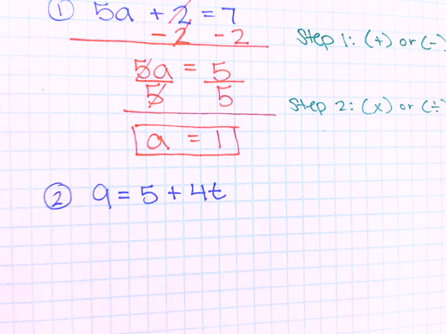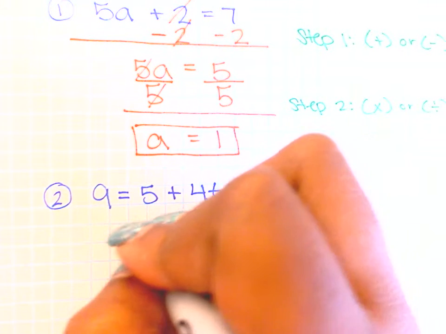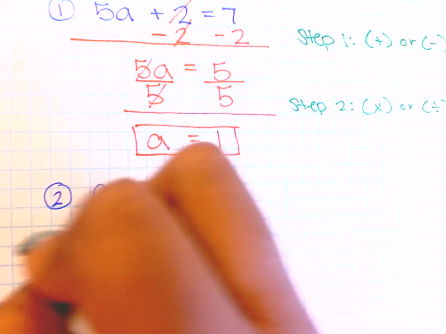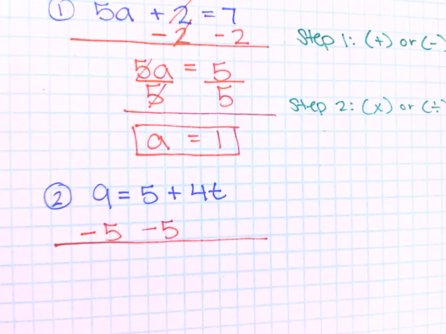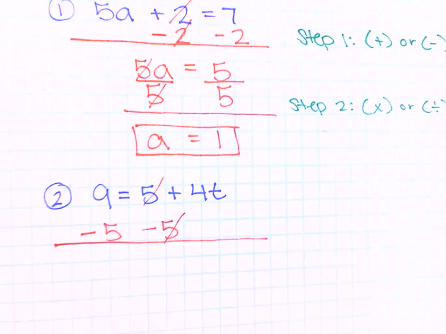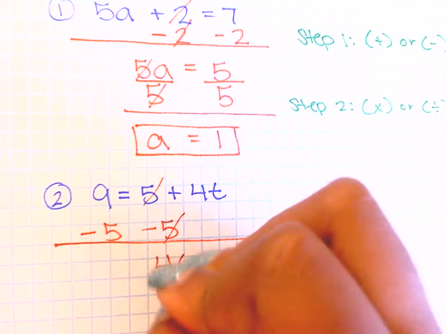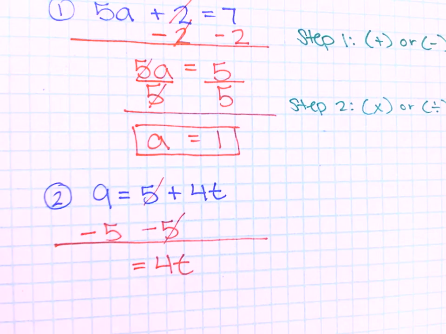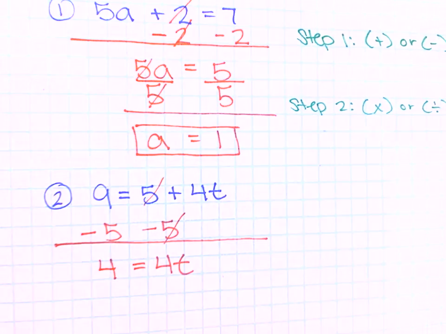I need to isolate the variable. So I'm going to add or subtract first from both sides. So I'm going to subtract my 5 from both sides and draw my line underneath. My 5's cancel out, and I am left with 4t on one side of the equal sign. And on the other side of the equal sign, I am left with 4. 9 minus 5 is 4.